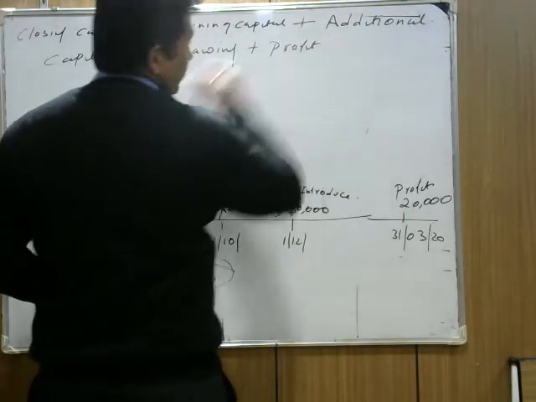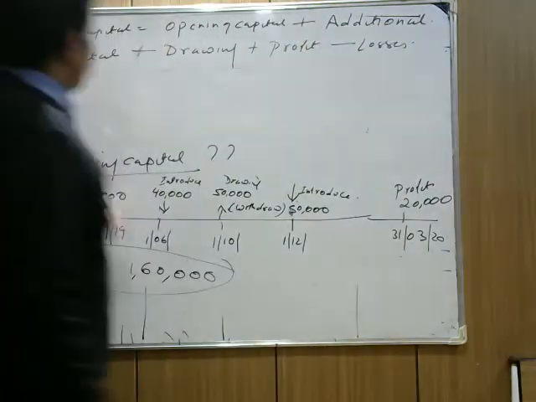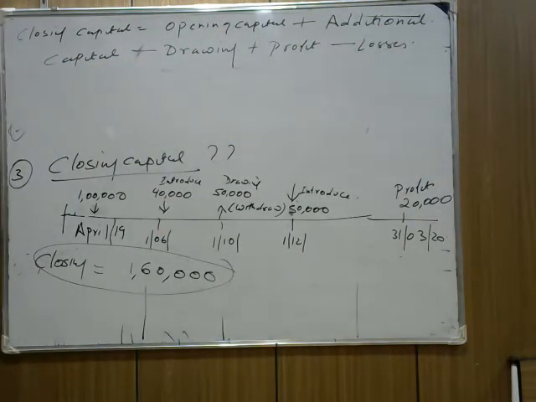If profit is there, profit will be added. If loss is there, loss will be subtracted. By this you can find the closing capital.